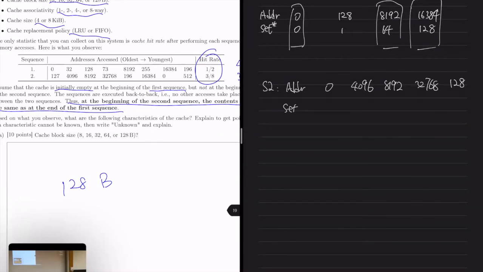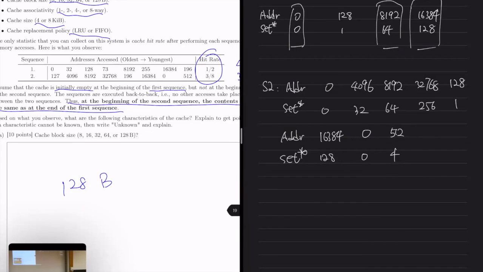And let's also have the set address, 0, 32, 64. This will be 256, 1. And for the next addresses, we have 16K, this 128, 0, 0, 512, 4.